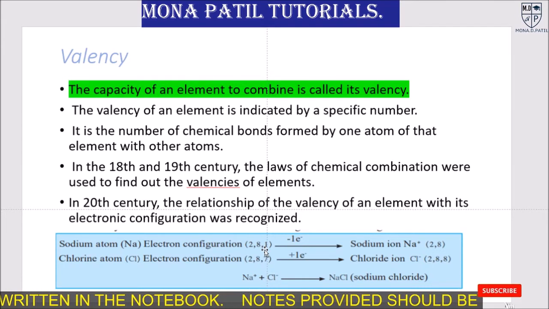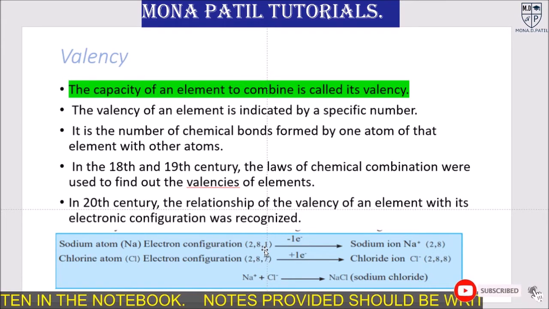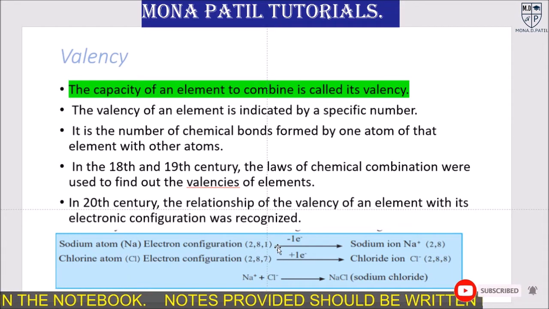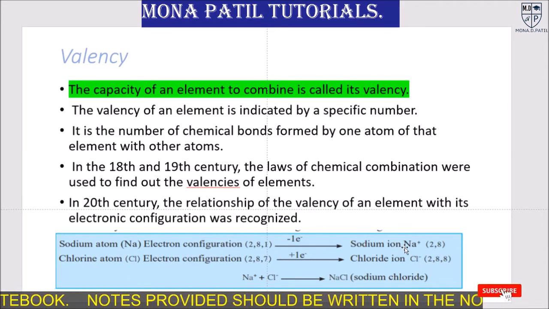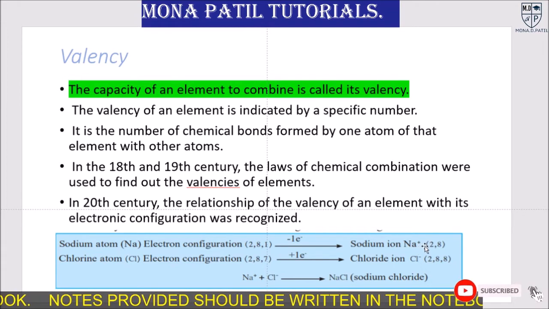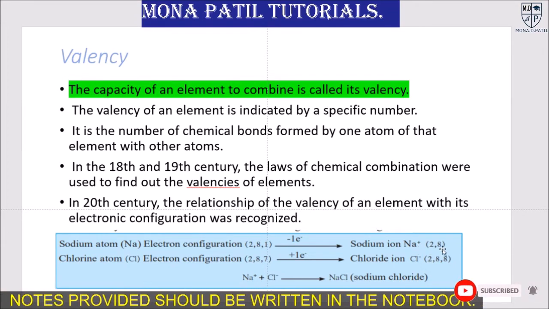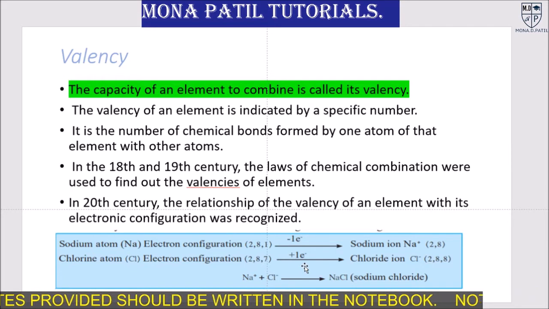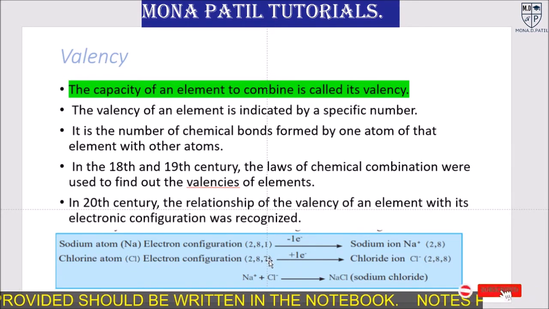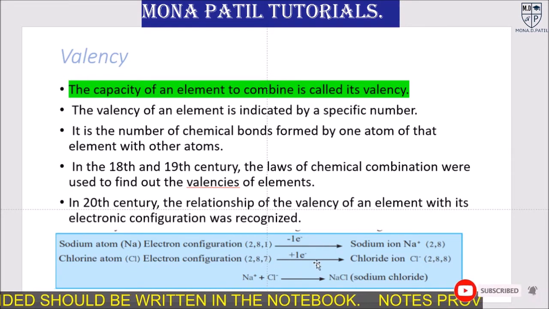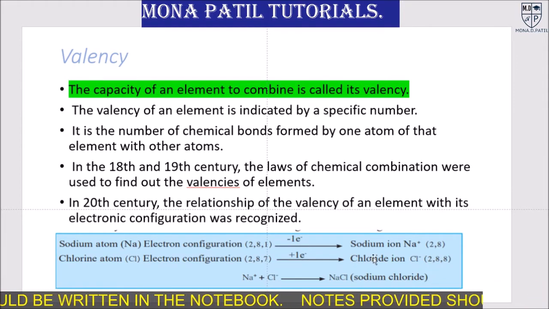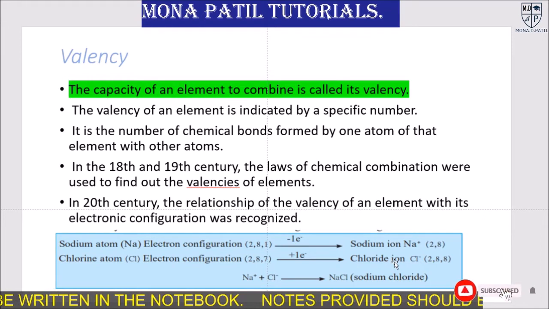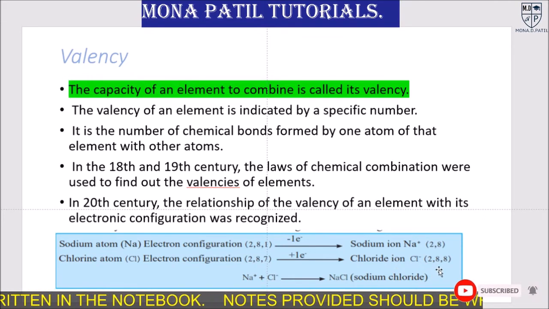This is a metal, so it has the tendency to give the electron, and as it gives the electron, it will gain a positive charge and its outermost shell will be stable with 2,8. And chlorine has one less to complete the octet, so it can accept the electron which is given by the sodium, and its electronic configuration will be 2,8,8.